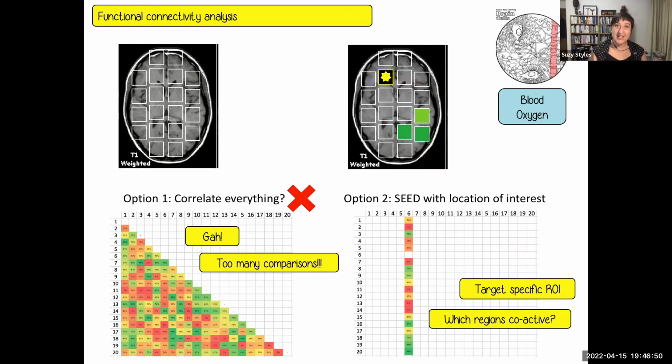And it might look something like this, where we set a seed in box number 6 because we know of a particular function that's very important for us there. And then we can track the pattern of correlations through the rest of the brain to try and find out how activity in the first location is related to activity in other locations.